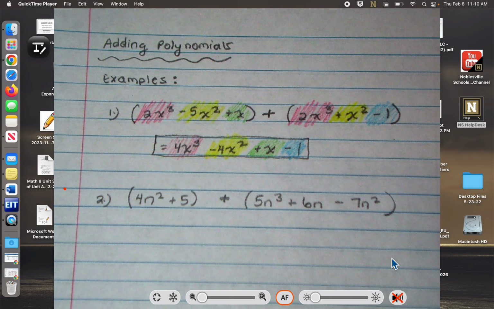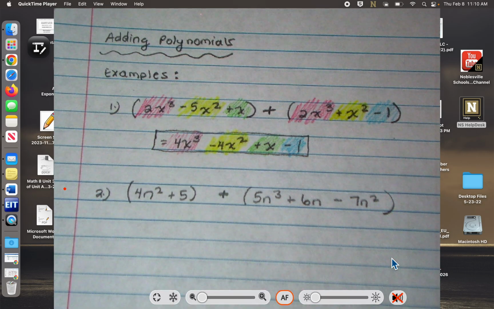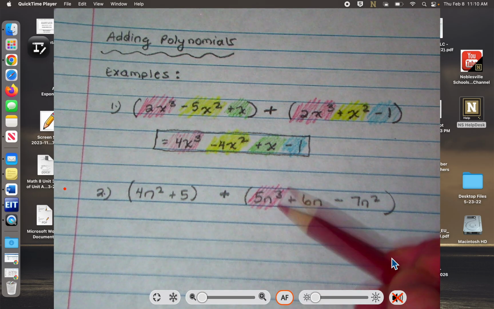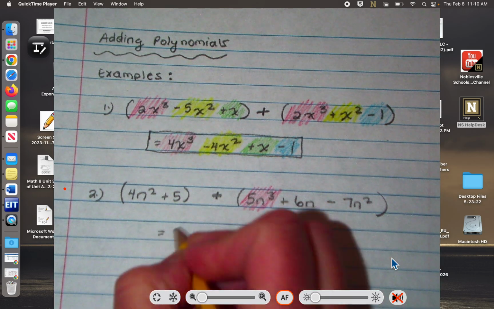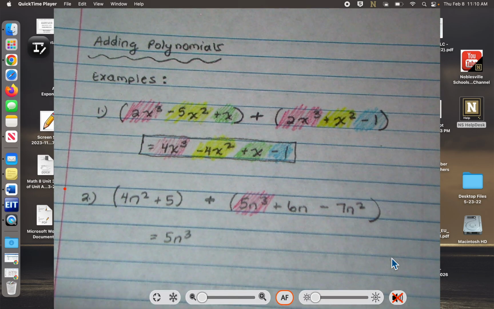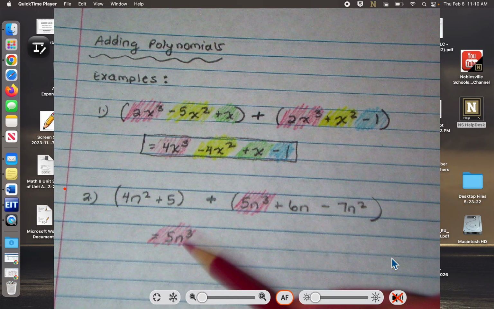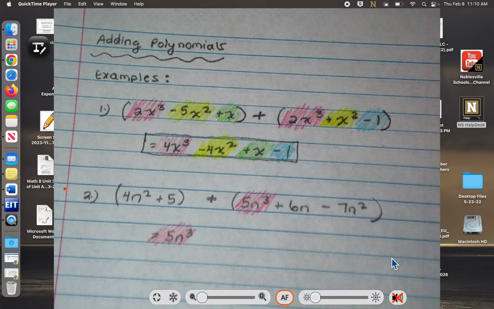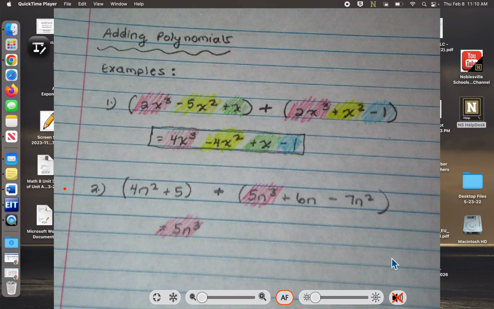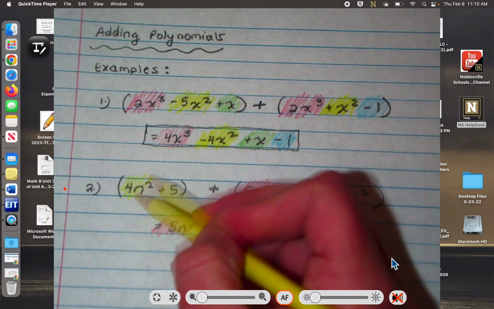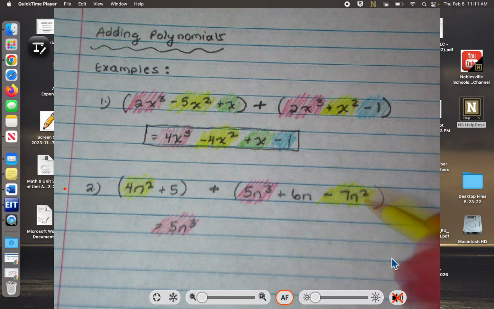Okay, so I'm going to be looking for the highest degree. What is the highest degree in these terms? Right? Does anything else match up with the 5n to the third? Nope. So I'm just going to color that red, and I'm just going to write down here 5n to the third, because it doesn't combine with anything. Right? What's my next highest degree? I have 4n to the second, and I also have a negative 7n to the second.